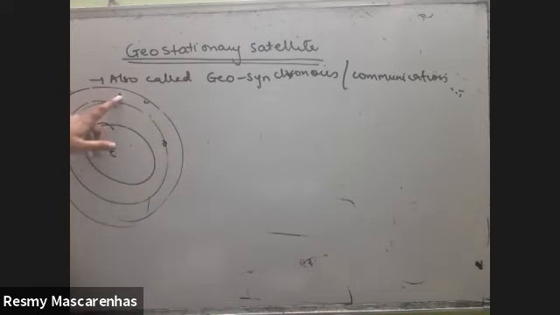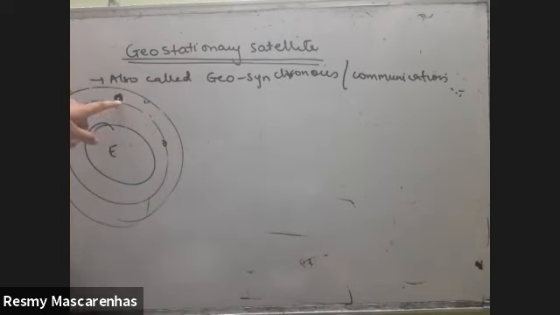Now, if a satellite is programmed to behave just like the Earth, like the same time that Earth is taking, okay, now the satellite will be revolving as well as rotating about its axis. Now you know that Earth will be rotating also at the same time and revolving also.